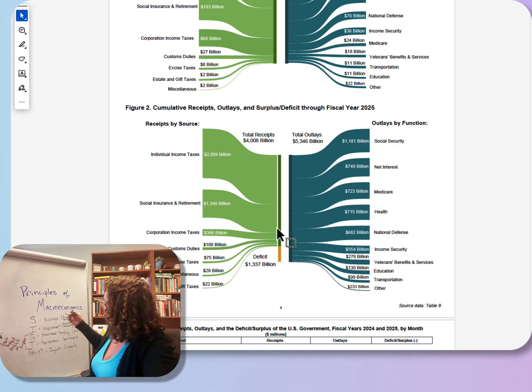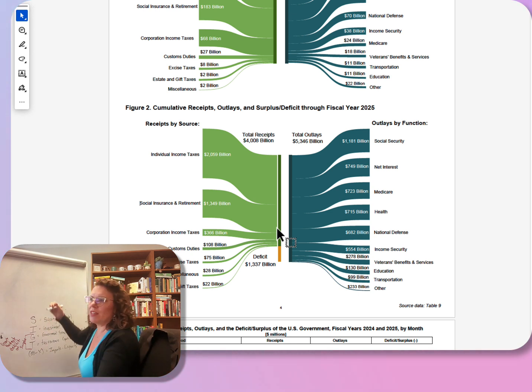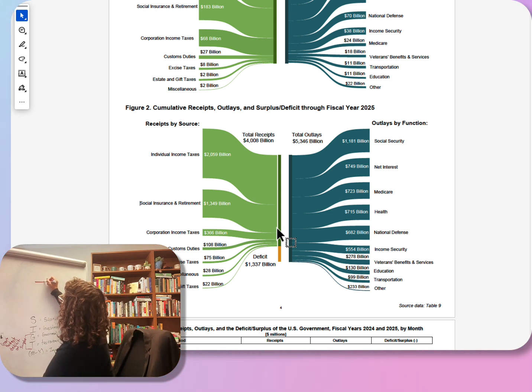So what we would say there is, I'll go ahead and pop this up on my little chart. I think you'll be able to see this here, right? So in this case, we have T equal to $4 trillion, give or take, and G is equal to $5.3 trillion, or 5,346 billion.